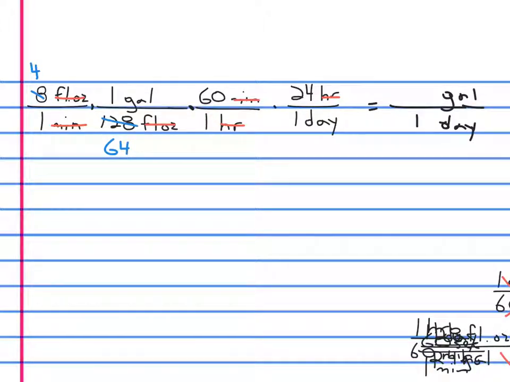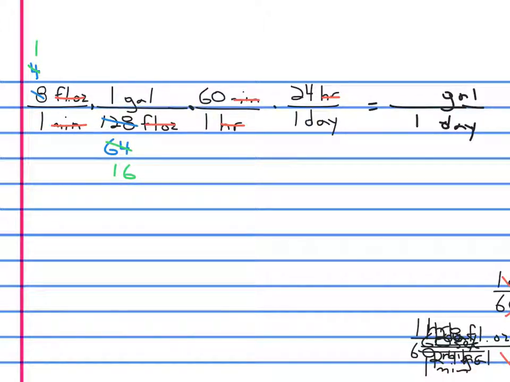Notice I didn't pick the biggest thing that you could cancel by, but that's just fine. You can do that, and then you can cancel the result. So what about 64? How do we cancel 64 and 4? Well, you can actually divide those both by 4, and this becomes 16, and this becomes 1.